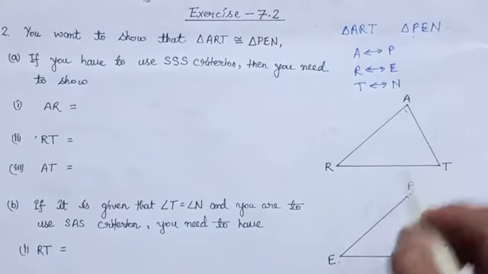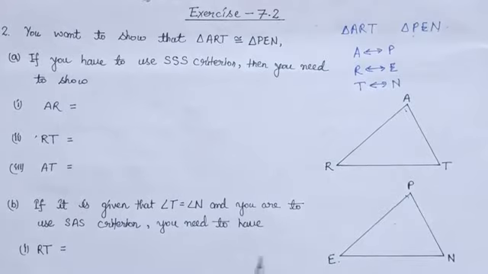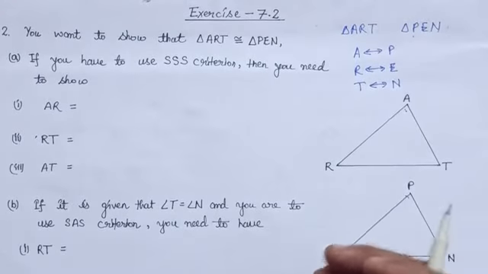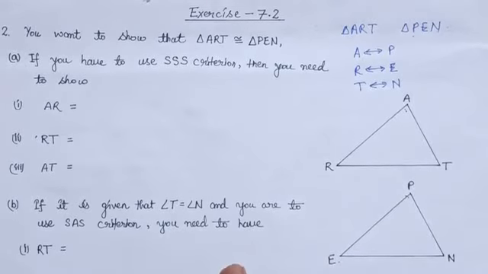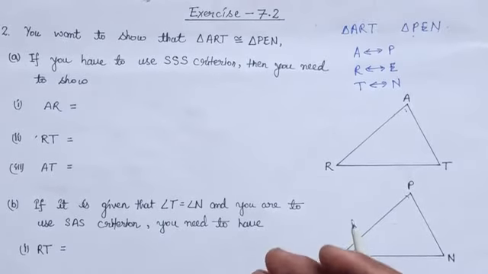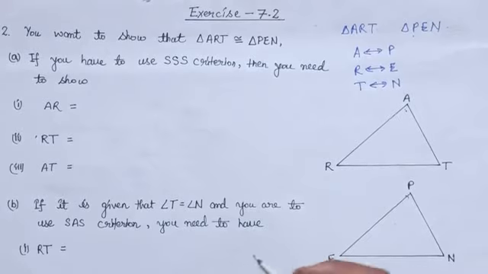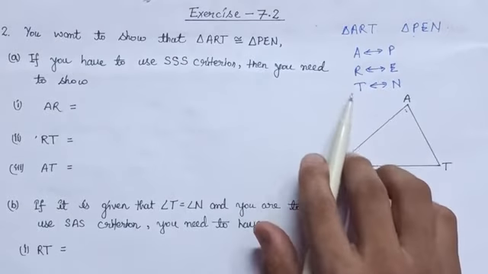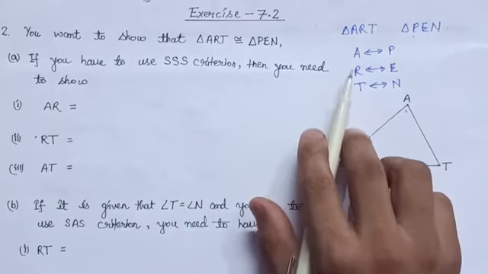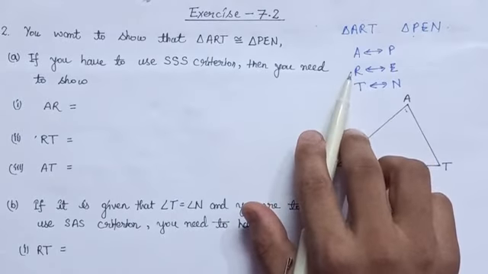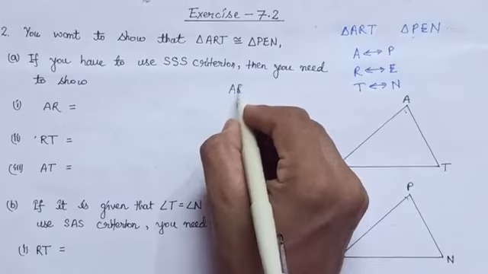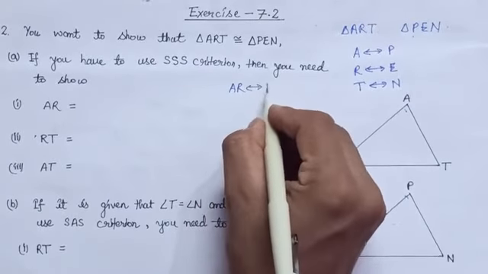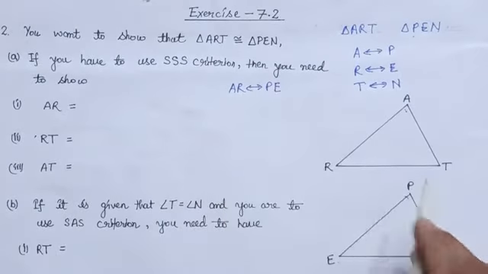Now if you have the pairs of corresponding vertices, then you can easily find the corresponding pairs of sides. From here we can say that the side AR corresponds to the side PE.